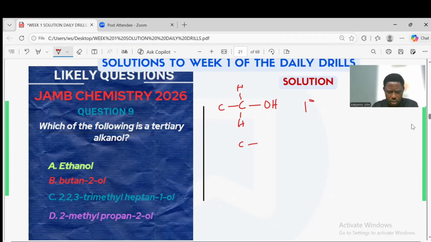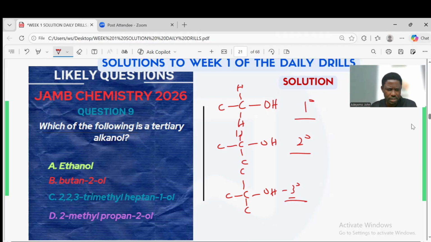If you have 2 carbons attached to the carbon carrying the hydroxyl group, and the rest is H, that is secondary. If you have three carbon atoms attached to the carbon carrying the hydroxyl group, then that is a tertiary alkanol. All right. Primary, secondary, and tertiary alkanol.